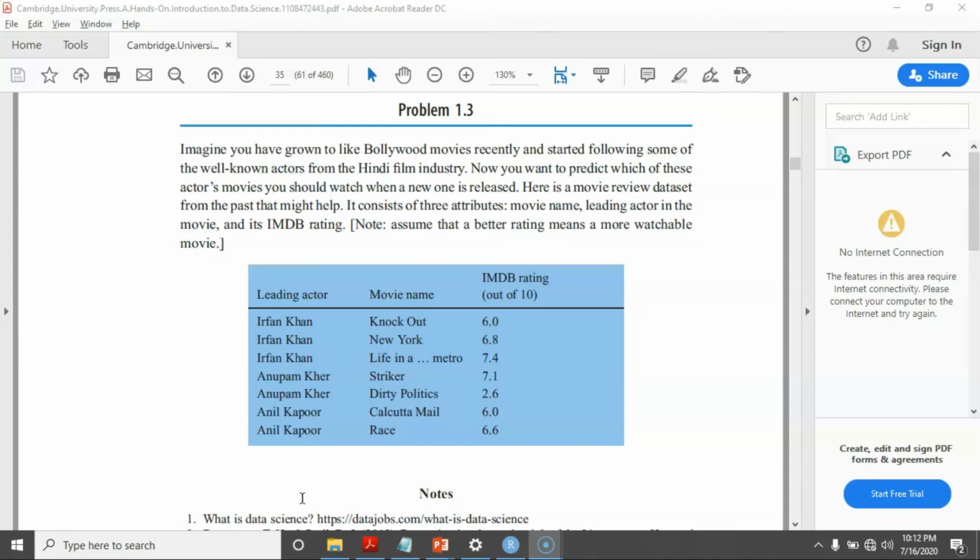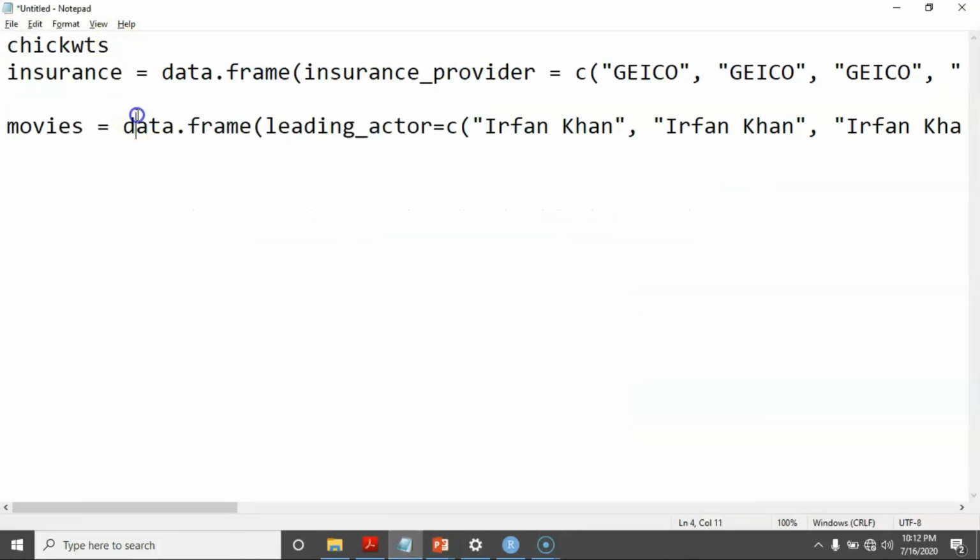First we need to feed this data. I have entered this data myself. You are well aware of how to feed it. I have used the movies variable to store the data, but first we have to create the data in the form of a basic data frame. You just need to write data.frame followed by one or more attributes.